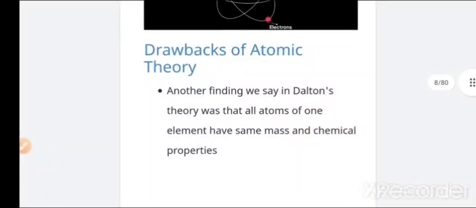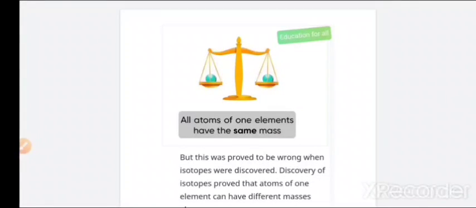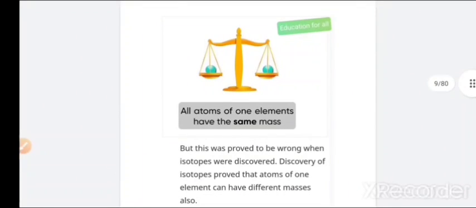That means atoms of the same element can have different mass numbers. This is known as isotope. Isotopes have the same atomic number, same element, but different mass number. If atoms have the same atomic number, they are the same element. Same atomic number, that means same element, having different mass numbers, is known as isotopes.